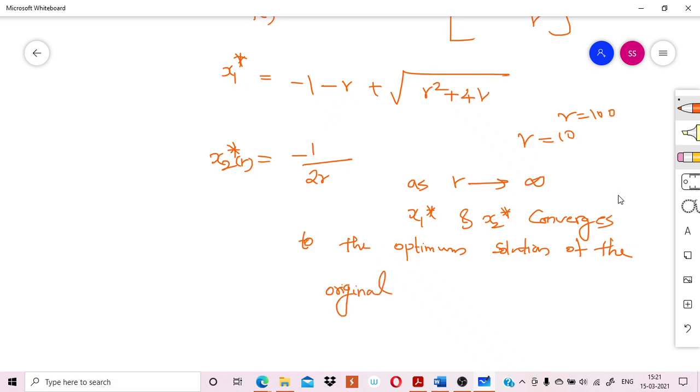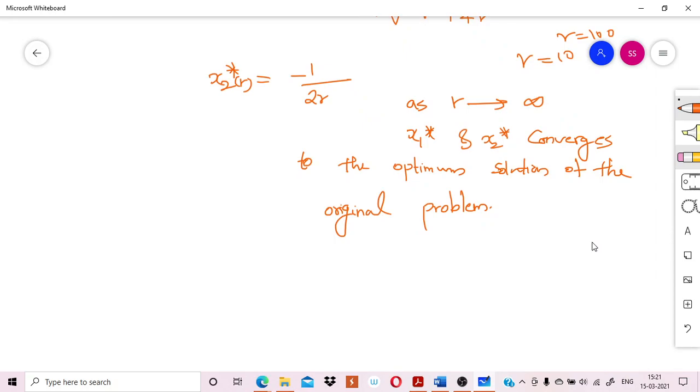So this is the characteristic of the penalty function method.